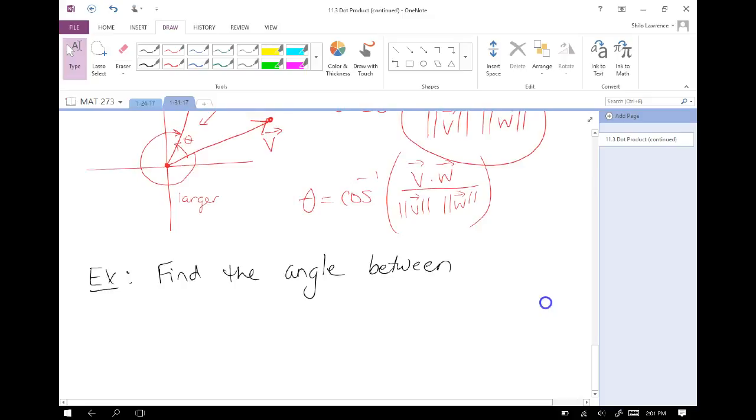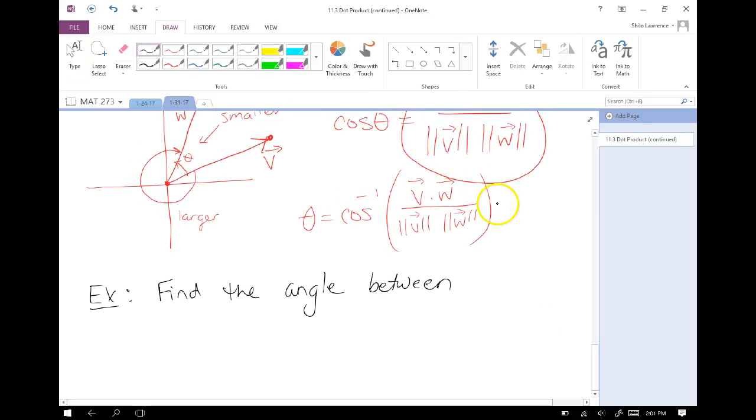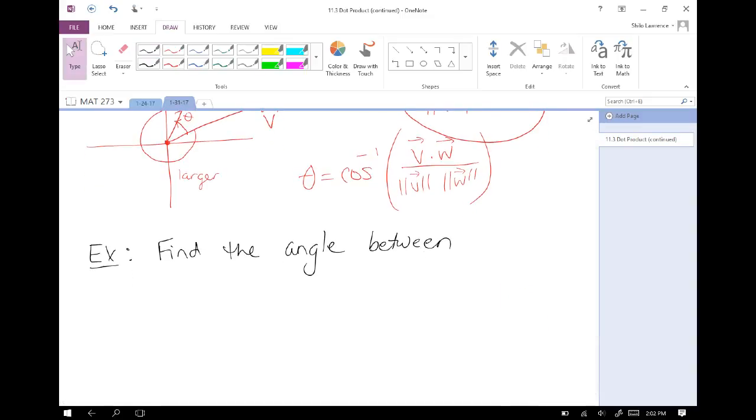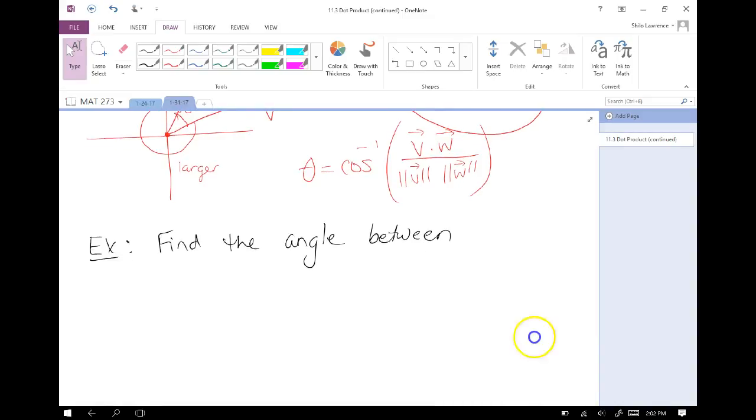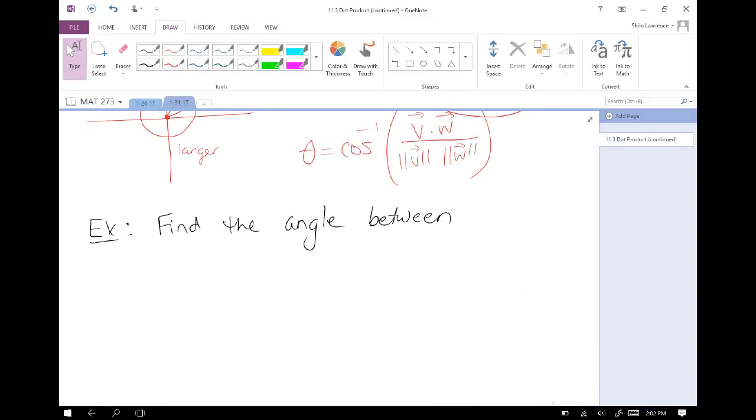And it wouldn't be any different. It just means when we do our dot product, there'll be a 3rd component. When we do those magnitudes, there will be a third value that we're squaring under the square root. So vectors in 3 dimensions have angles between them, just like vectors in 2 dimensions.